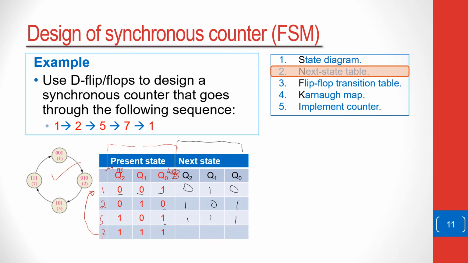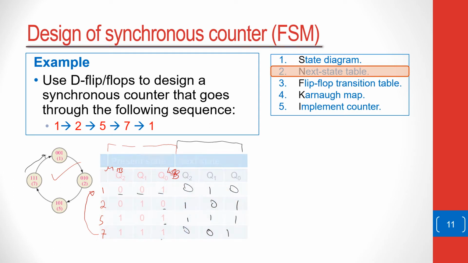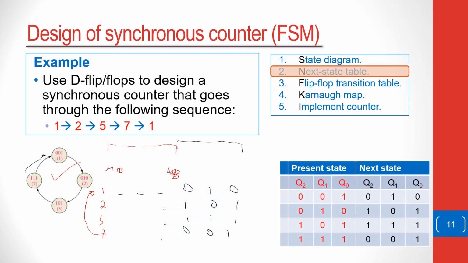And then when you are at 7, your next state goes back to 1. So now you're done with your state transition. Ultimately, you will have a table similar to this one, right?